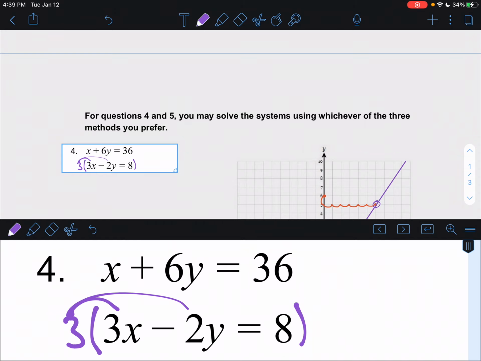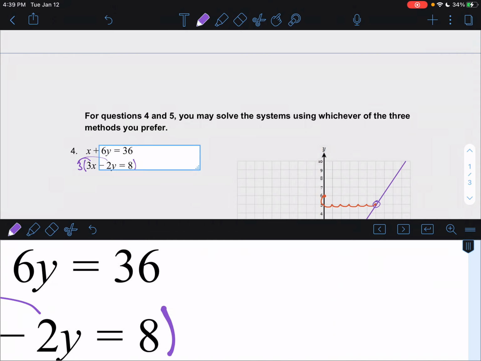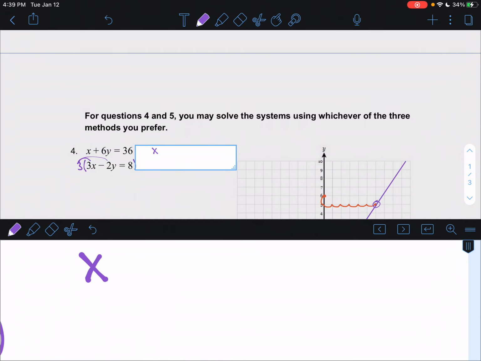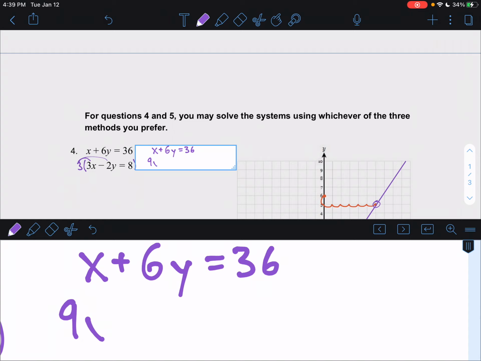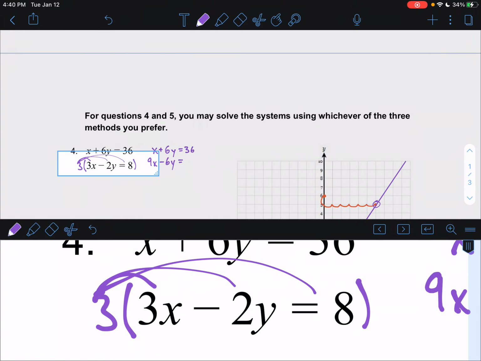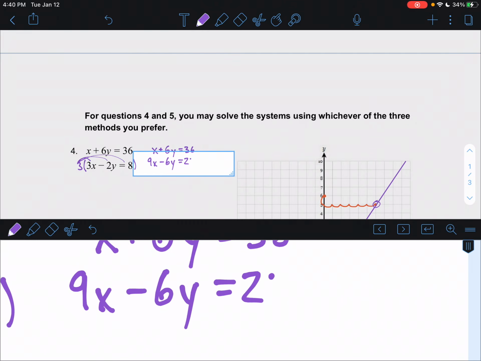So to solve by elimination, I'm going to rewrite my first equation. So x plus 6y equals 36. And then 3 times 3x is 9x. 3 times negative 2y is negative 6y. And 3 times 8 is 24.